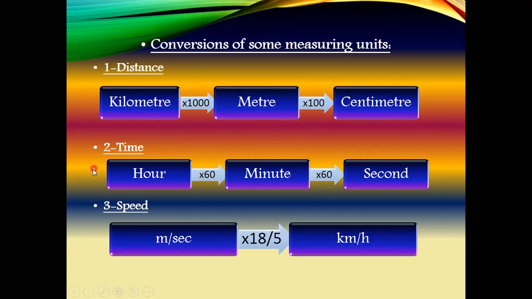Okay. Time: hour, minute, second. Convert from hour to minute, times 60, from minute to second, times another 60. The very important one remains. When I'm going to convert meter per second to kilometer per hour or vice versa, kilometer per hour to meter per second.